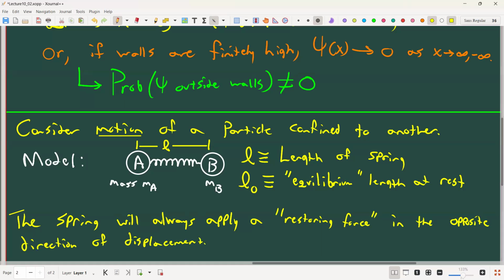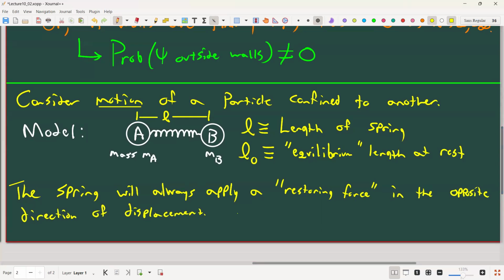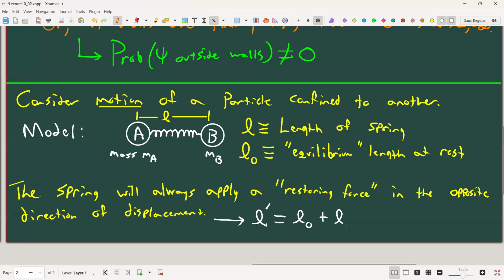Right, so if I stretch it where L minus L0 is greater than 0, so if I set my new length to be L prime, which is L0 plus L, there's going to be a force. The spring is going to apply a force against me stretching it to bring it back.